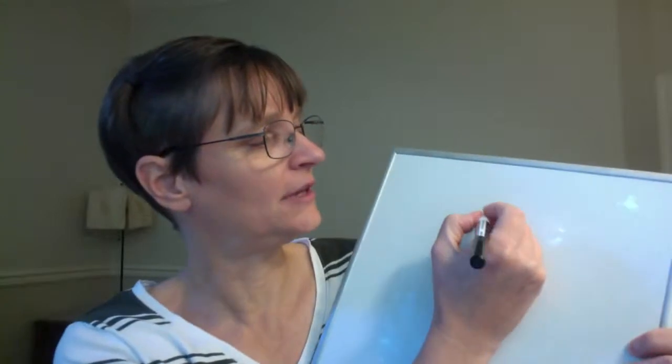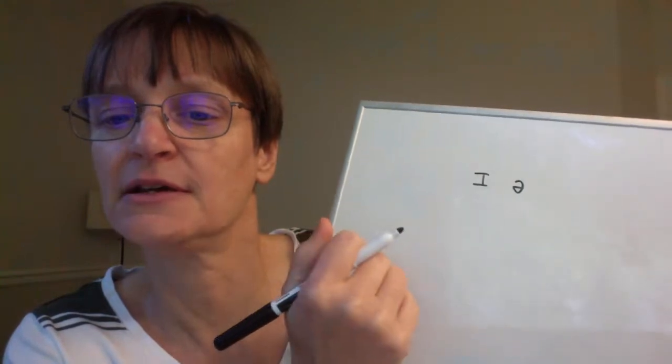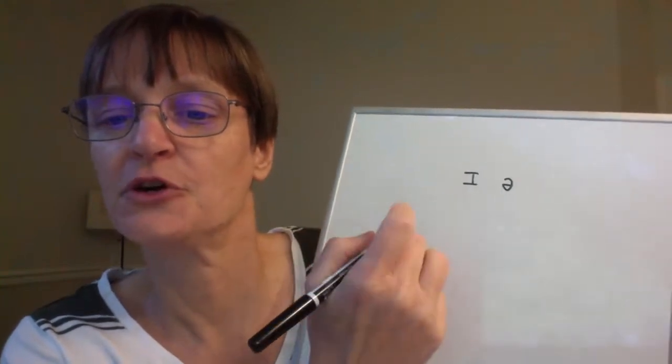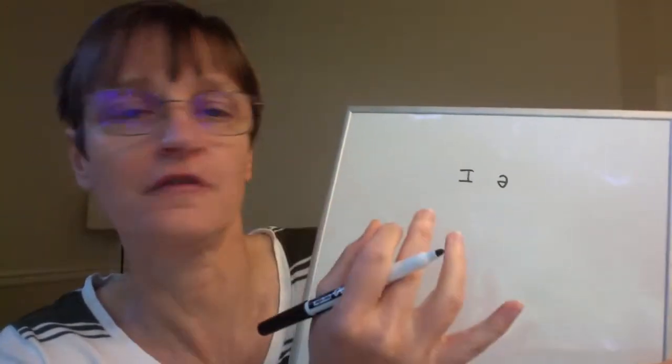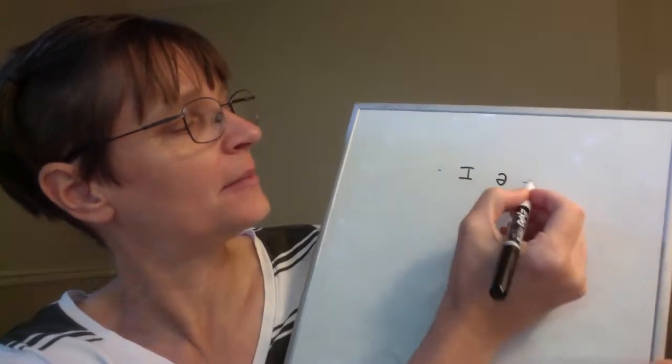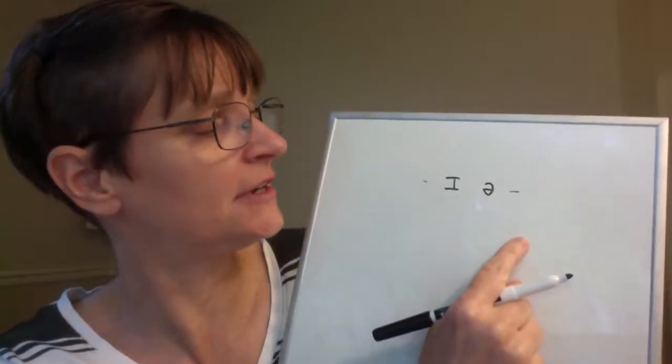So the question is the difference between vowel I and vowel schwa in the word unlimited. So again, this is another word where we have a lot of unstressed syllables. These two vowels are the vowel sounds that we tend to use in an unstressed syllable.